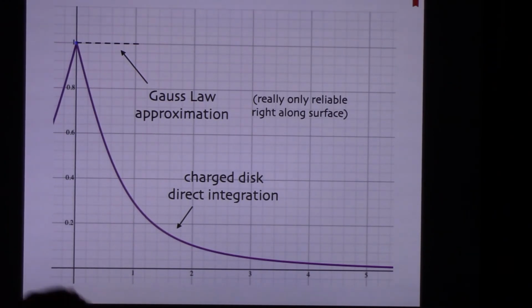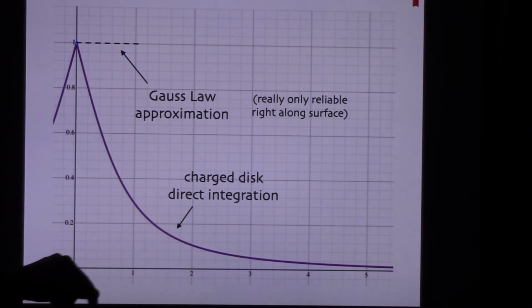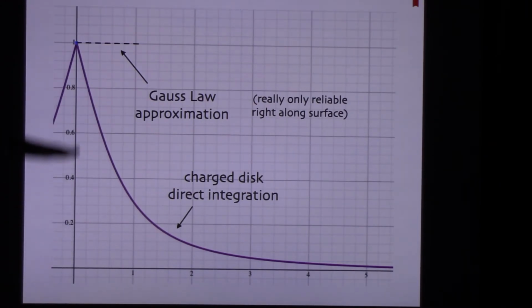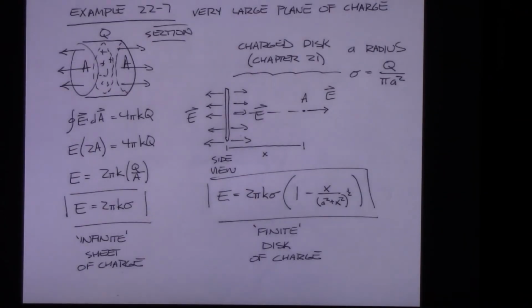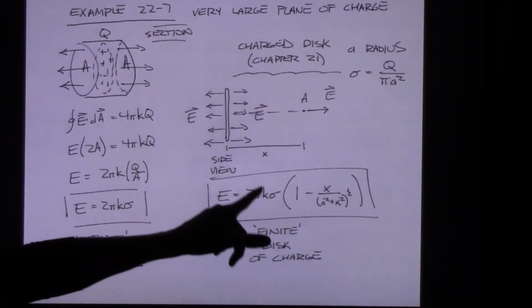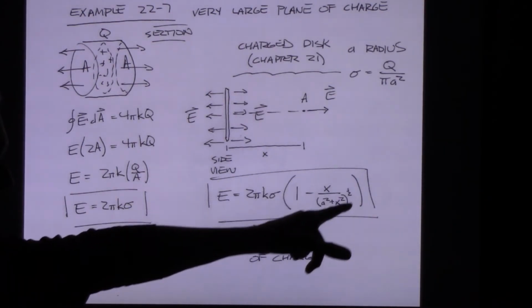As we move away, this horizontal axis is telling us distance away from the center, and the vertical axis is telling us how large the electric field is. So this is the electric field as a function of distance. What we're plotting here is the stuff in the parentheses.